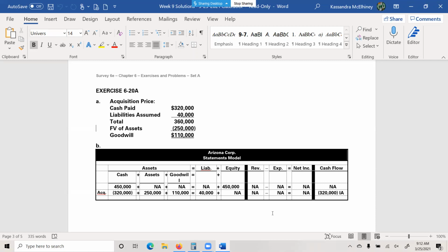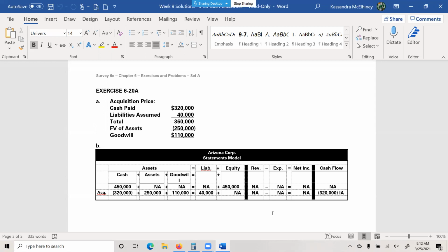And that's the very next sentence of data in the problem: the appraiser appraised the fair market value of the tangible assets at $250,000 at the date of acquisition. That is what we care about. So the total purchase price less the fair value of the assets yields the goodwill.